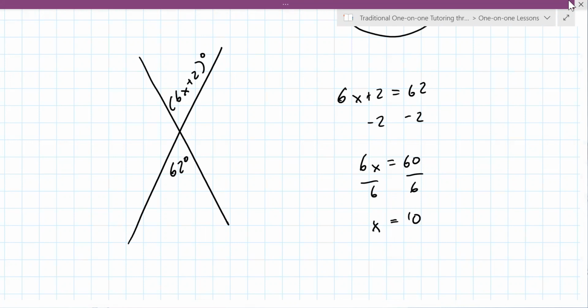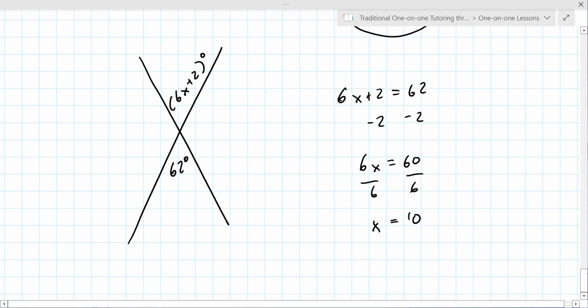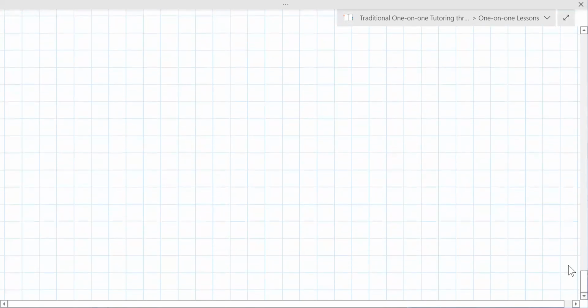Okay, so any questions on that? Nope, I'm getting it. Okay, so now we're going to move to what's called the exterior angle theorem.